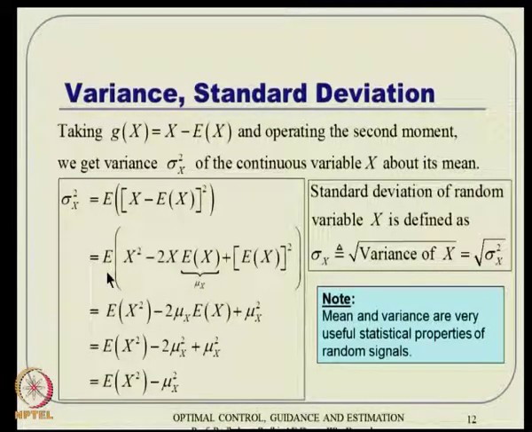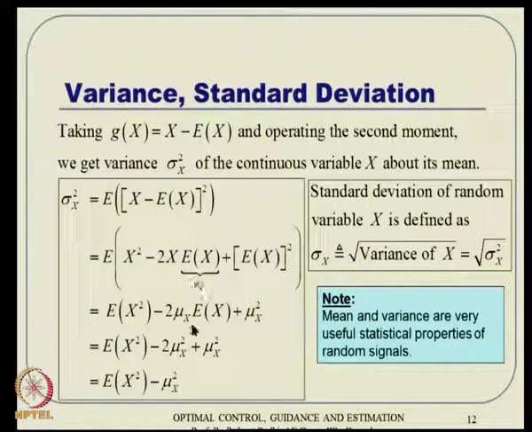But remember, now we will use the linear property of the expected value operator. The expectation operator is a linear operator. So we can expand this bracket and say this is nothing but the expected value of x squared minus, all the way the expected value can go, this is nothing but mu x, and mu x is a number, remember that.